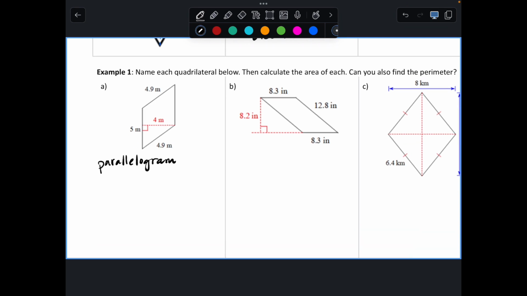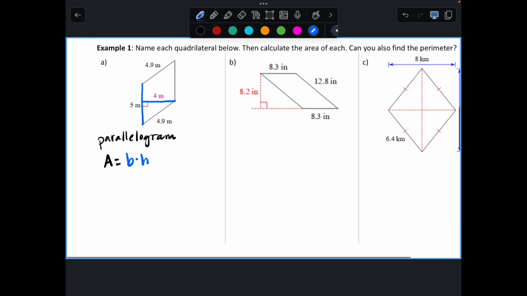So to find the area of a parallelogram, we just do the base times the height, which is 5 times 4. So the area is 20 meters squared. Remember, you always put the units squared after area.